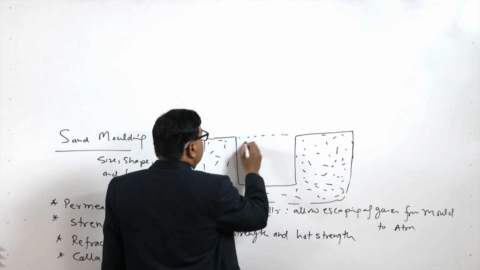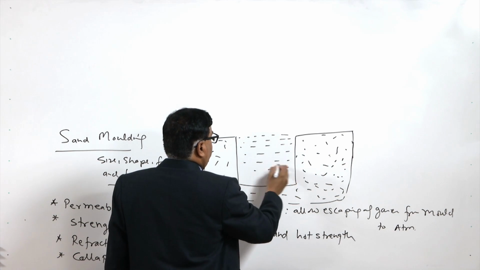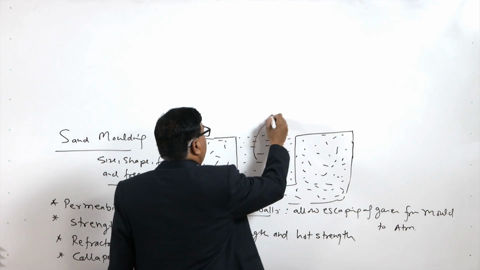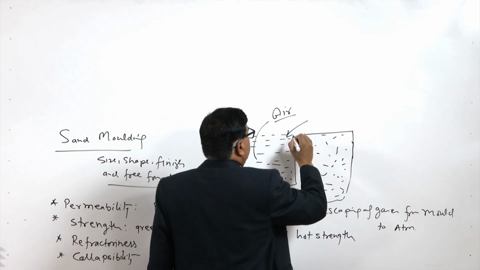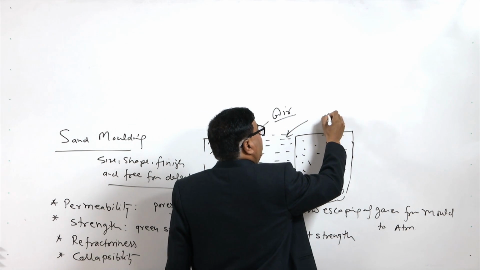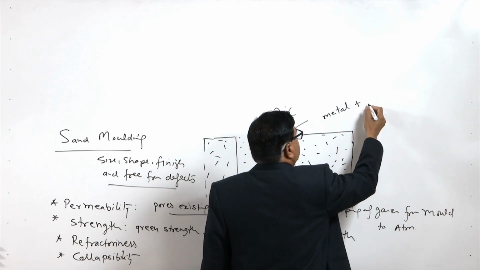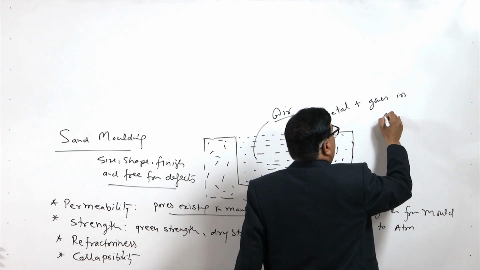So, we know that when molten metal is poured into the mold, before pouring there will be air inside the mold. The molten metal being poured will have the gases in a dissolved state.